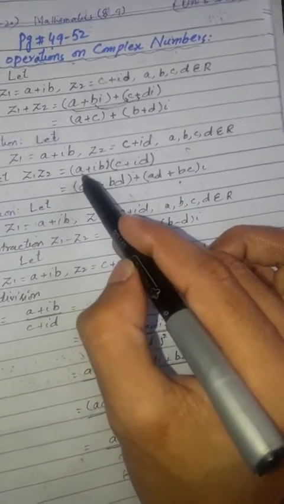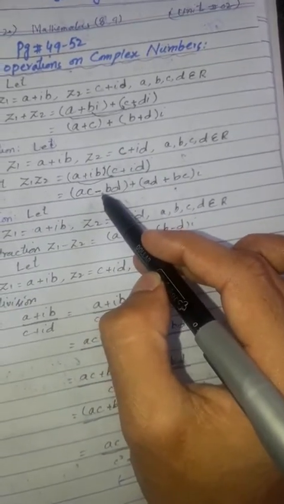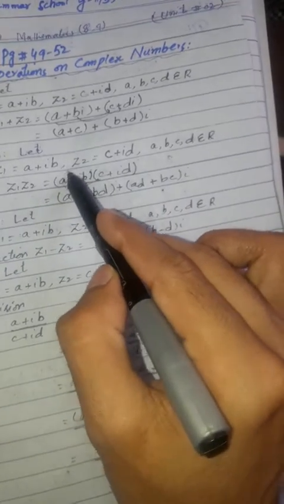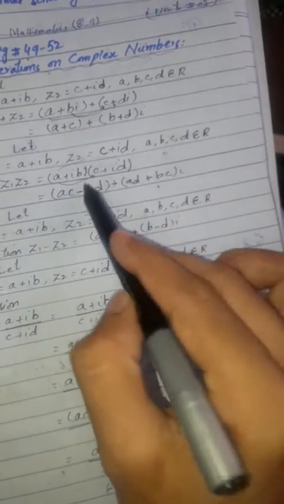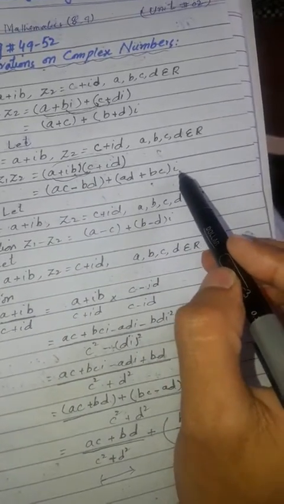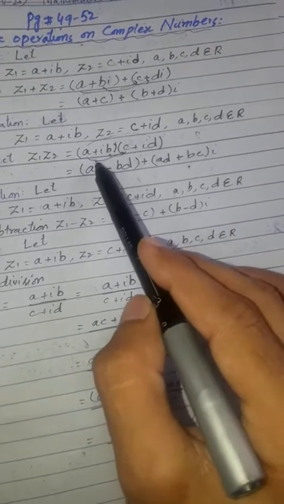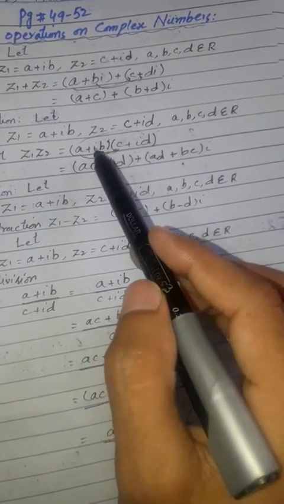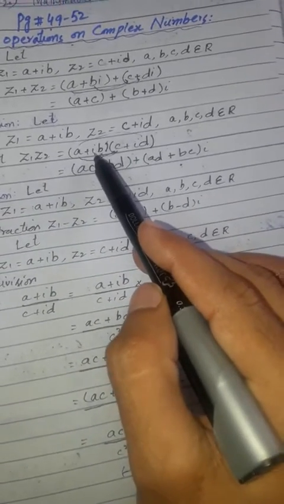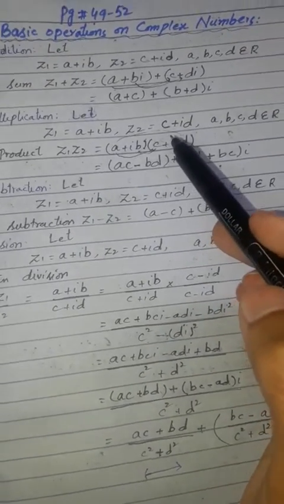The sign is minus for bd, then ad plus bc, and just take common iota. You can also multiply step by step like this: a into (c plus iota d) plus iota b into (c plus iota d). You can do it.